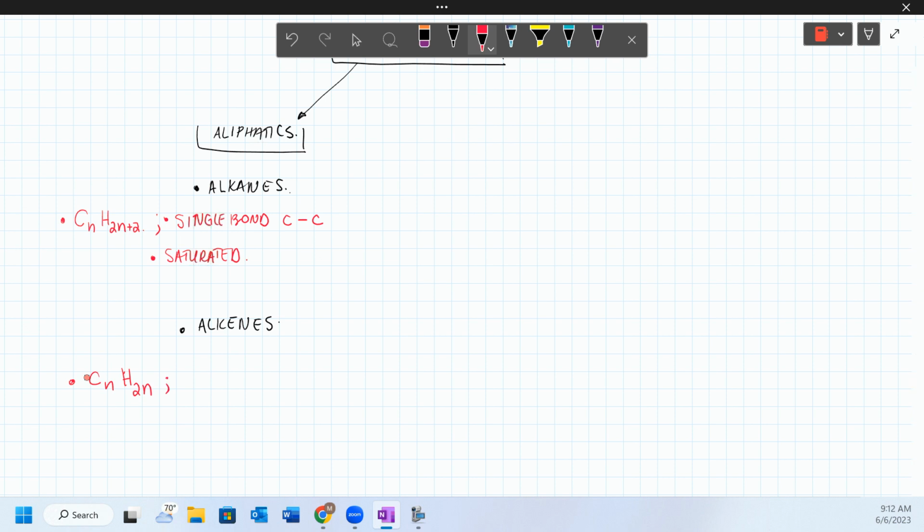Here we see a double bond. We talked about the fact that carbons can be connected to each other in a double bond, and this results in a hydrocarbon that is unsaturated.